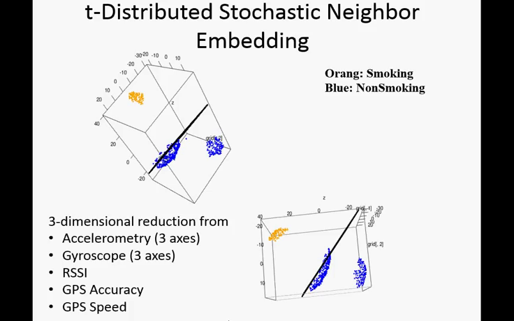Now, a few words on this. You'll notice that this used 3 axes of accelerometer and 3 axes of gyroscope. It's not to be assumed that we'll always just throw all the data at it.